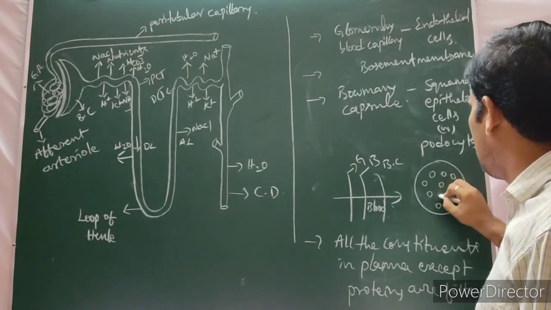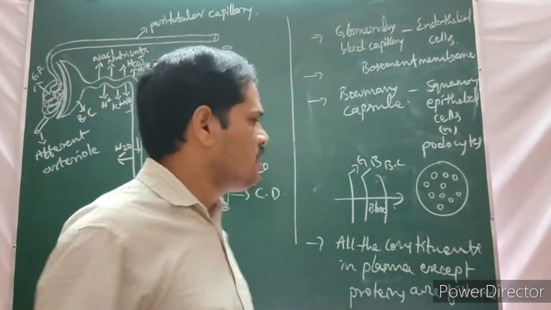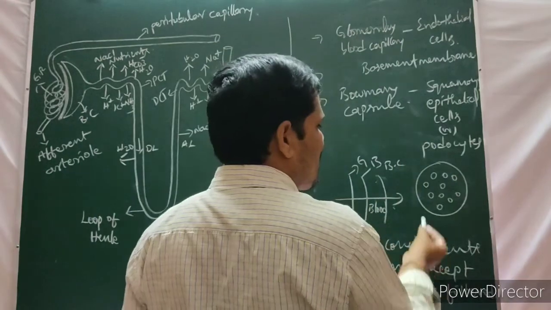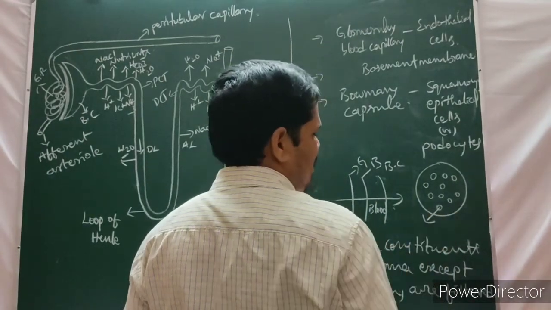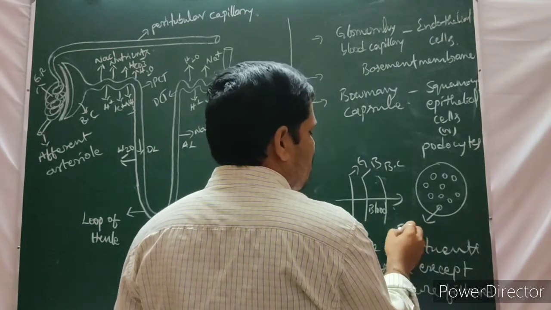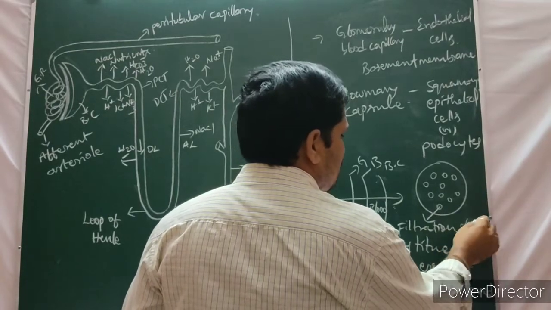That means most of the Bowman's capsule is filled by the podocytes. In some regions they don't have cells. Wherever the cells are not there, filtration slits are formed.